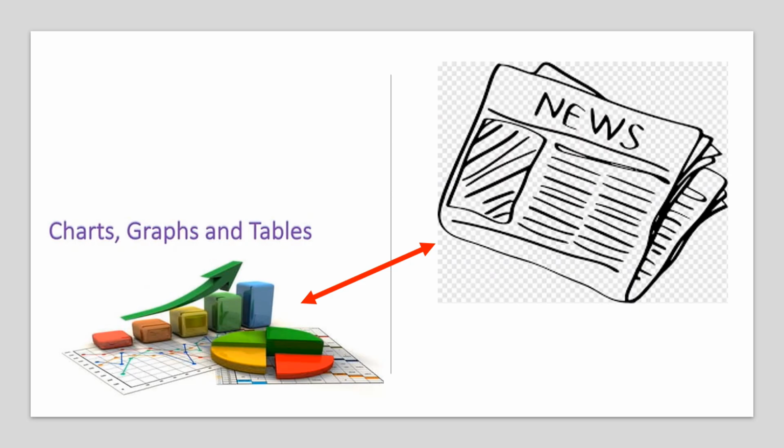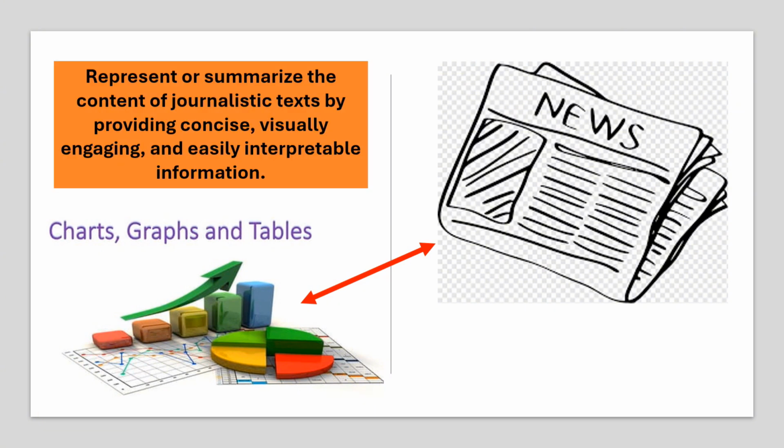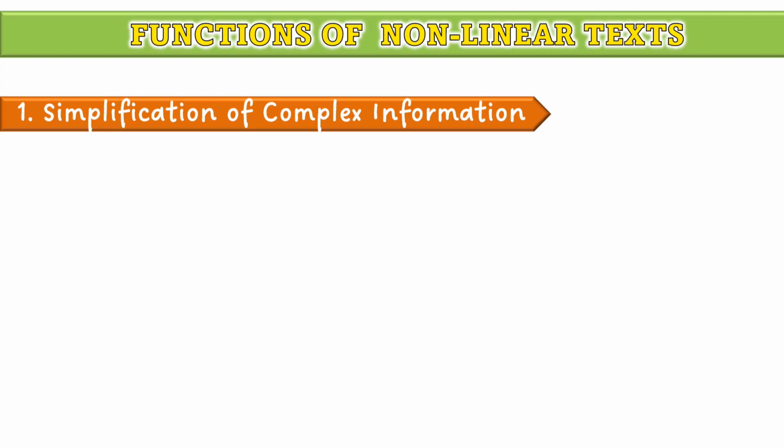Now, let's draw connection between nonlinear text and journalistic text. Nonlinear text such as charts, graphs, tables, diagrams, and flowcharts play a significant role in representing or summarizing the content of journalistic text by providing concise, visually engaging, and easily interpretable information. Here's an analysis of how they achieve this.